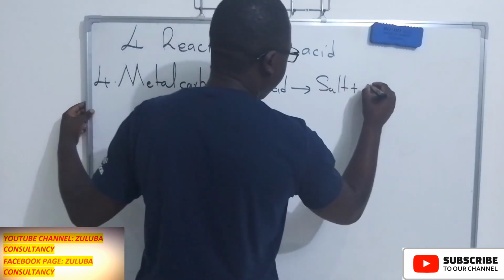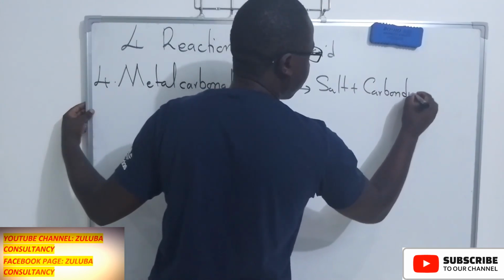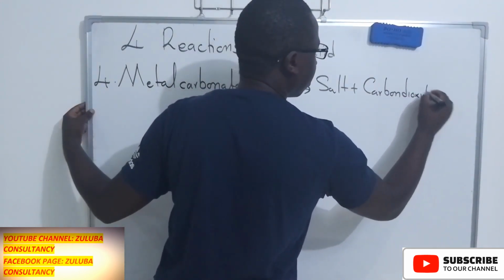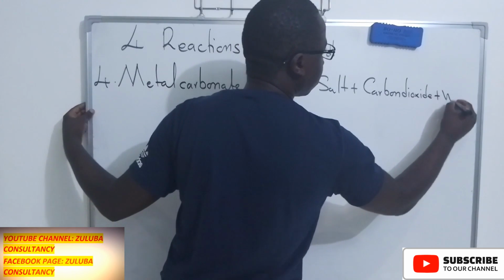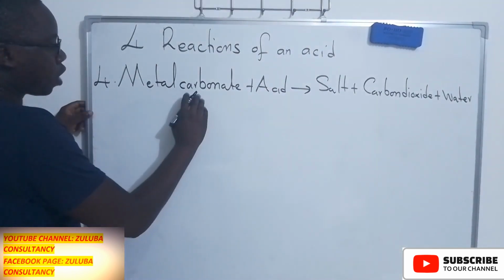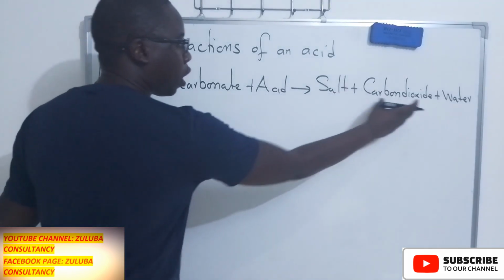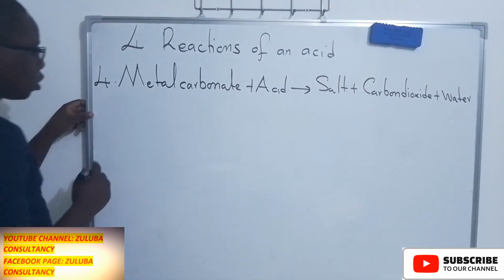Then we'll have carbon dioxide and water. So when a metal carbonate reacts with an acid, we have salt, carbon dioxide and water.